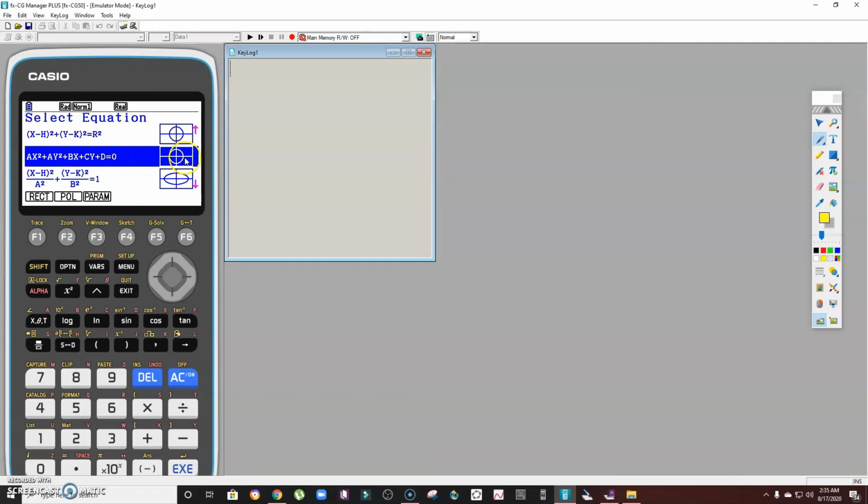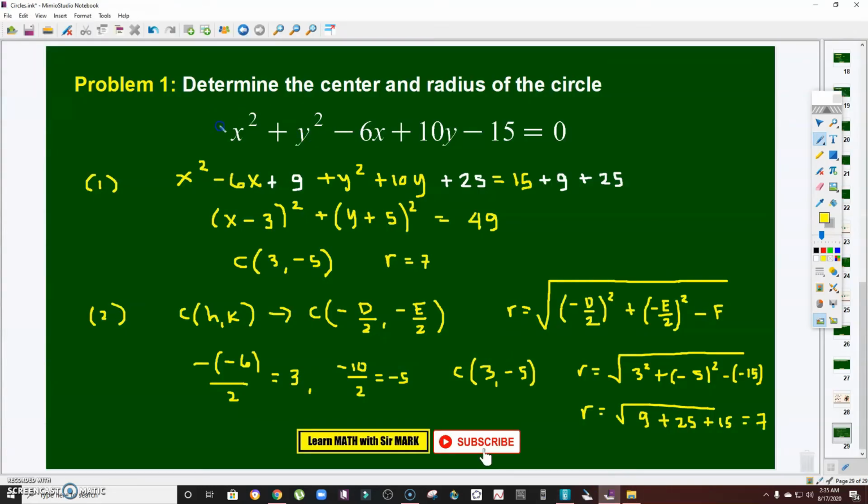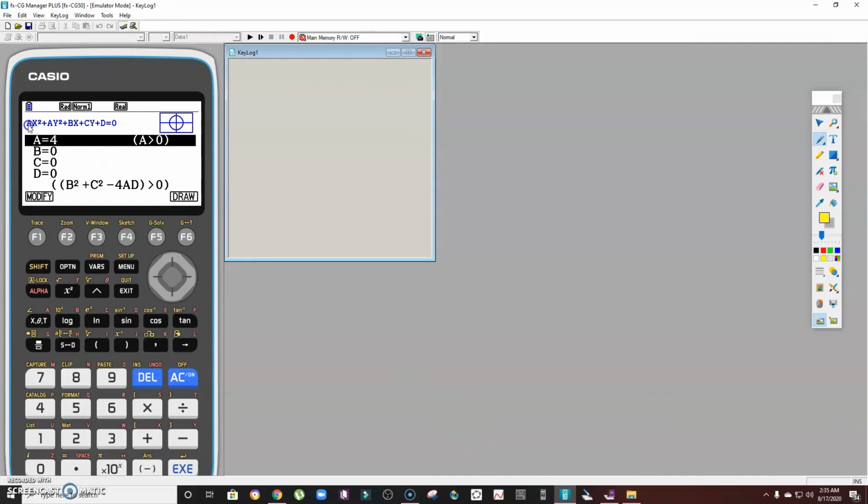So to enter this one, I'm going to press this X, or short for execute. Press ko yan. And then, we're going to enter the coefficient. Ganun lang kasimple. Take note, in circle, ang coefficient ng x squared and y squared here are both equal to 1. See that? So my a here will become 1. Then enter.